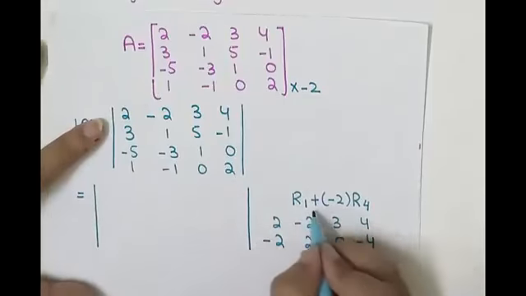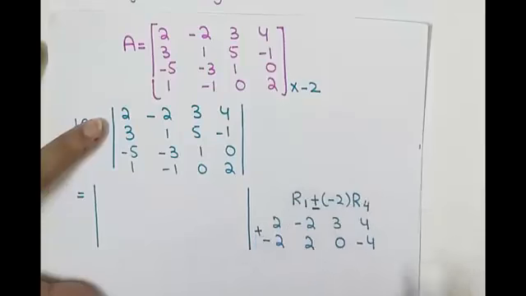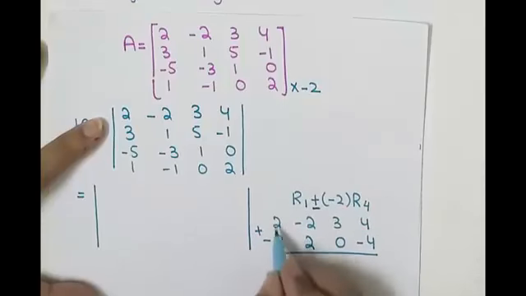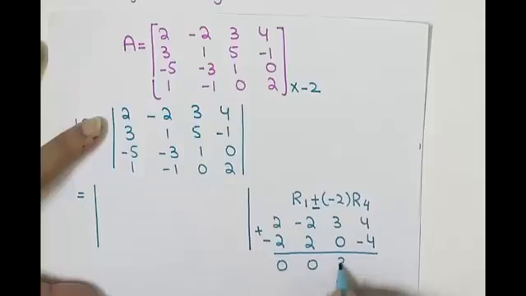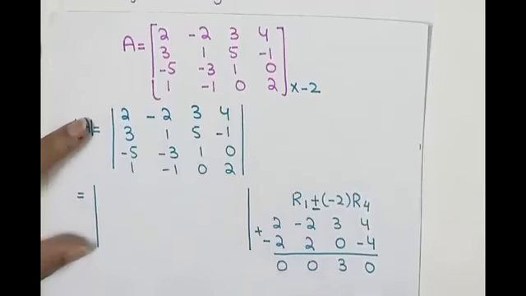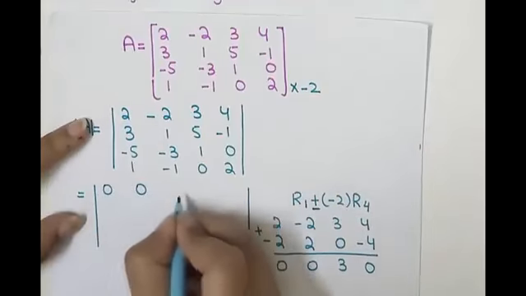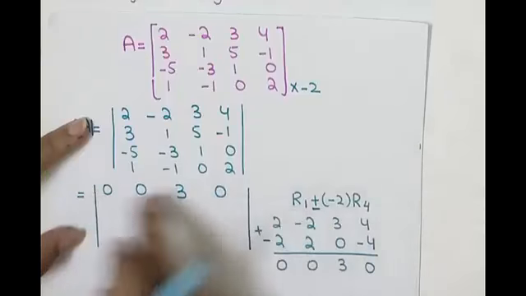Now we have to add these two operations. So we have 2 minus 2 is 0. Minus 2 plus 2 is 0. 3 plus 0 is 3. And 4 minus 4 is 0. So we have 0, 0, 3 and 0 in the first row.